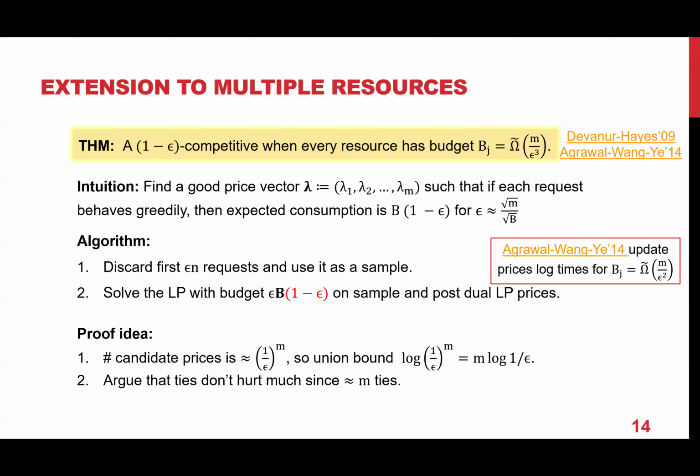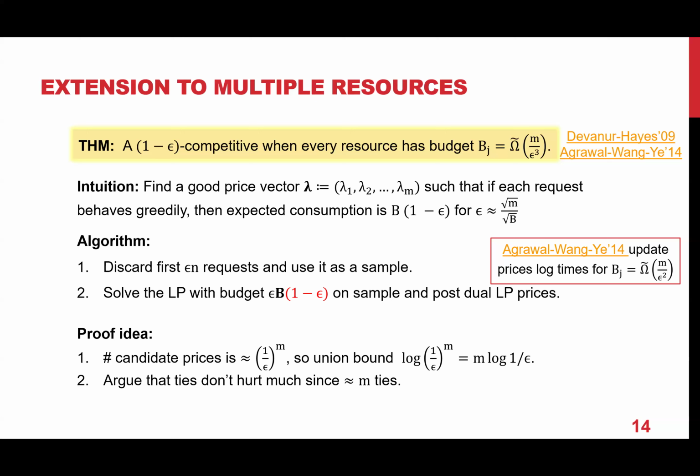So, long story short, whatever intuition we discussed in 1 dimension can also be applied in higher dimensions. With single shot learning, you get something like m over epsilon cubed, but if you do the doubling trick, you get m over epsilon squared. So this is a decent bound.